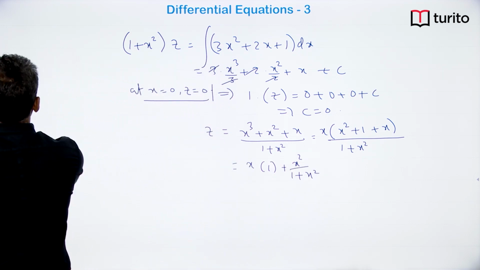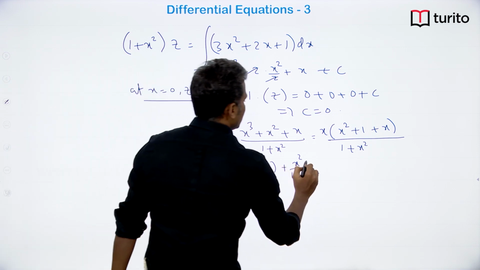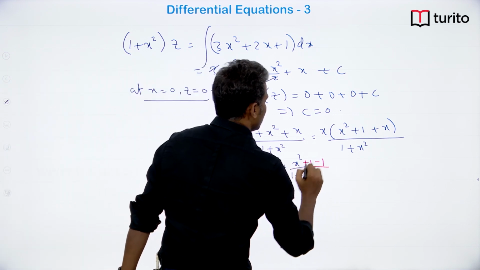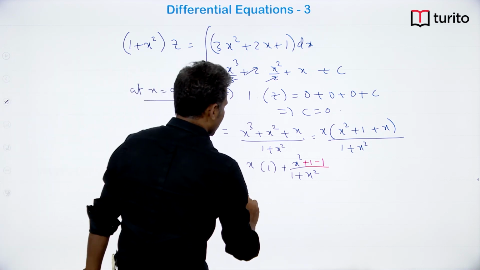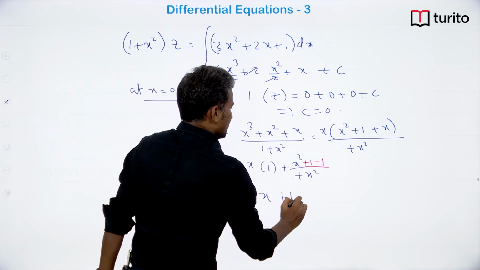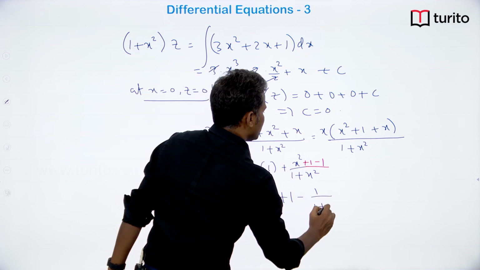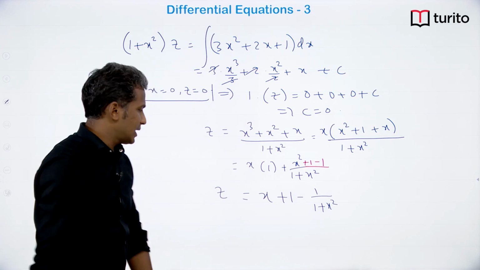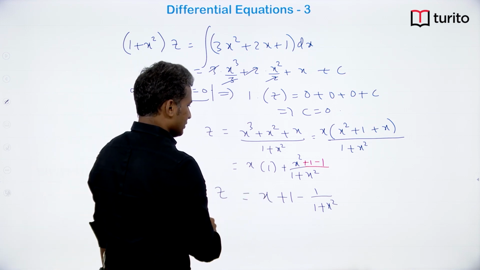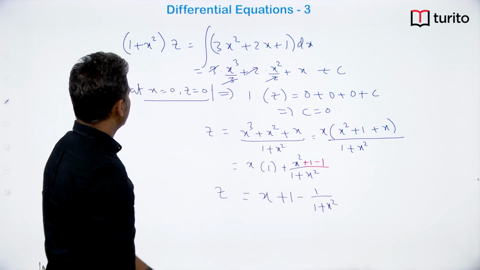So again for simplification, we can do plus 1 and minus 1 here in the numerator. That will further give us an expression like x plus 1 minus 1 by 1 plus x square. This is our z. Now what about z dash? We can directly calculate z dash from here. I will just take that to the next page.